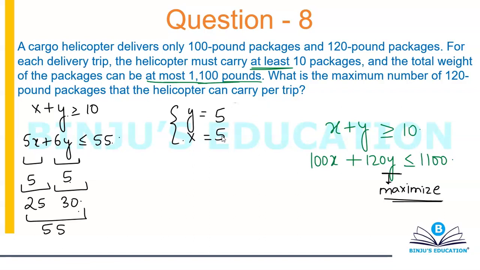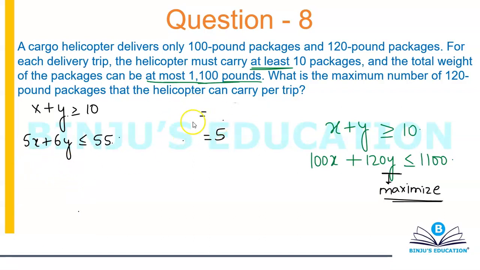If you do it with the help of inequality, it's going to be a bit cumbersome. Let me solve it that way also for you. For example, if you try solving the inequalities, from the first one I'm going to get that y is greater than or equal to 10 minus x.